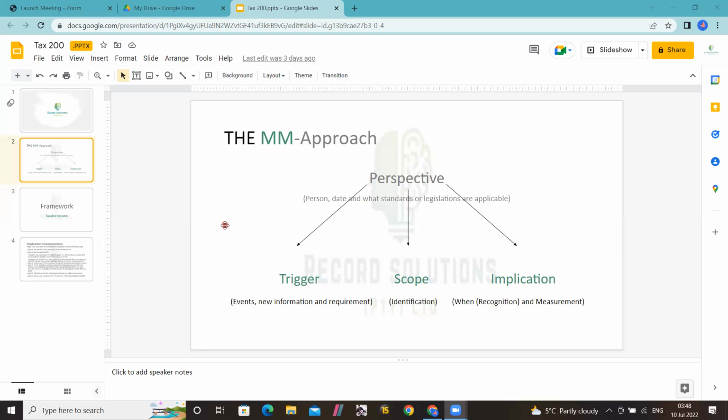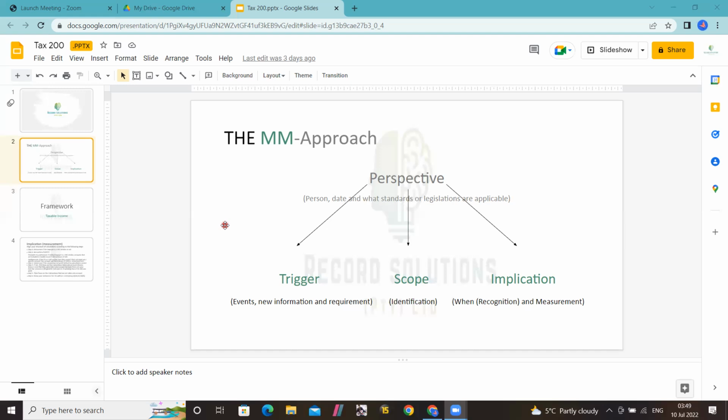Different acts apply to different taxes. For instance, there's the Income Tax Act, there's a VAT Act, there's a Tax Administration Act, there's an Estate Duty Act. All of those acts deal with specific taxes, right? So it's very important to know what tax you're dealing with before you start answering the question.